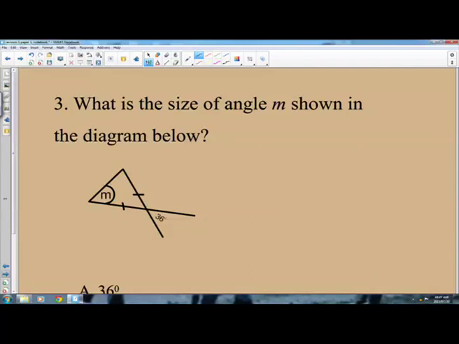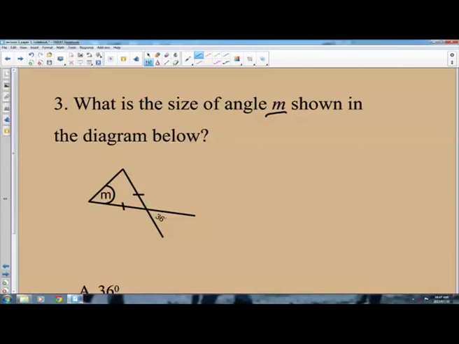We are at question number 3 now. It says, what is the size of angle M shown in the diagram below? So we got the diagram here, and then we are to find the value of M. Right. When we look at the 2 lines here, these are what we call vertically opposite angles.